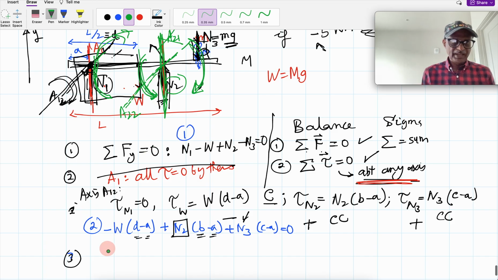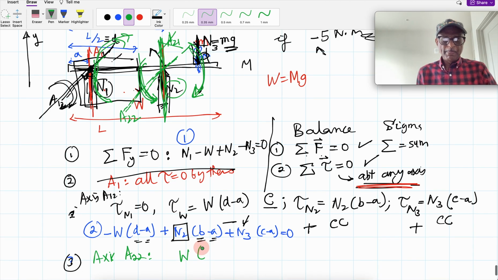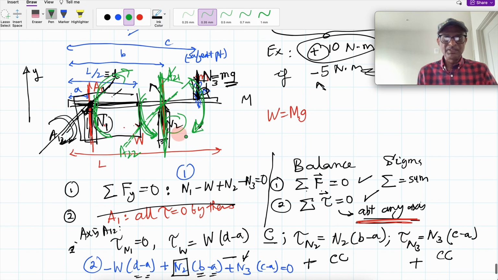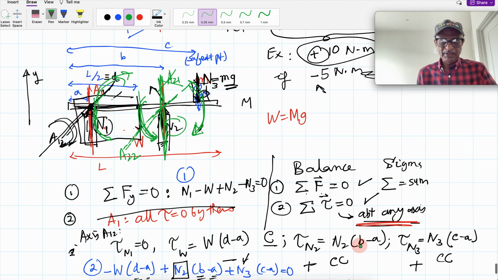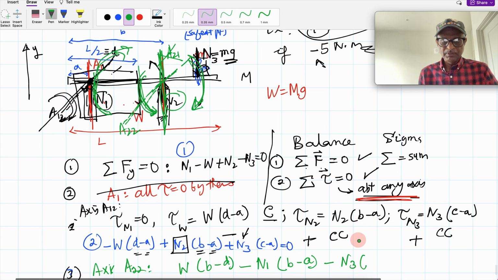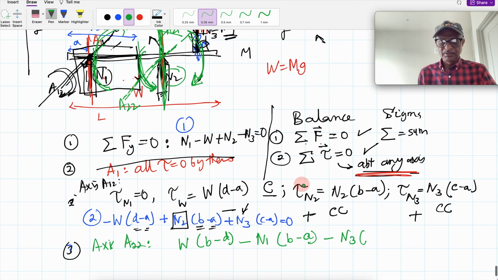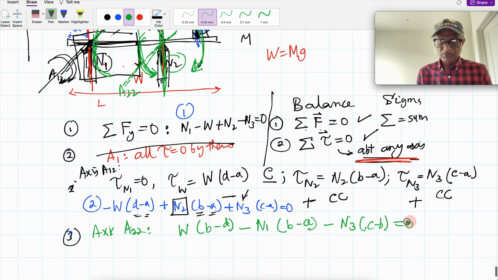So from axis A2, W times b minus d, minus N1 times b minus a, minus N3 times c minus b, equals 0.